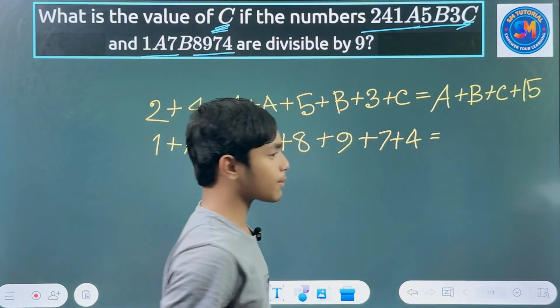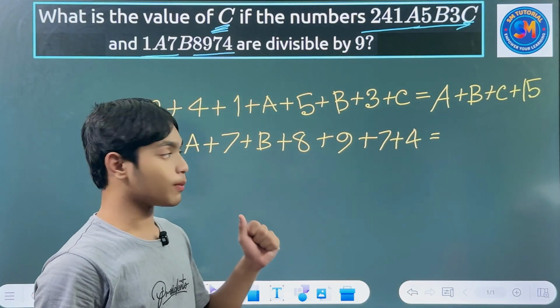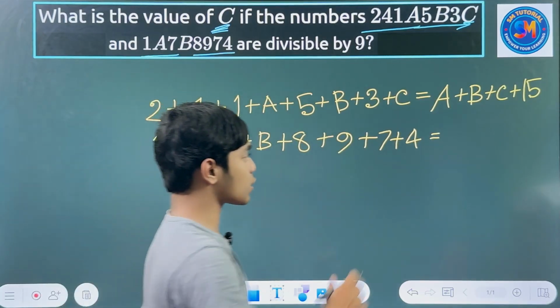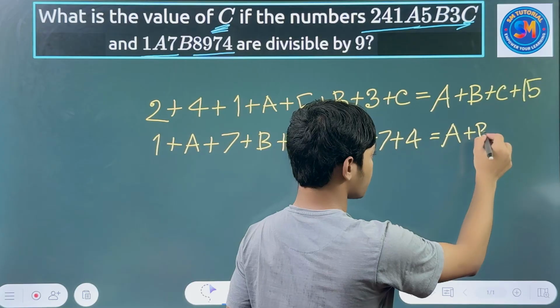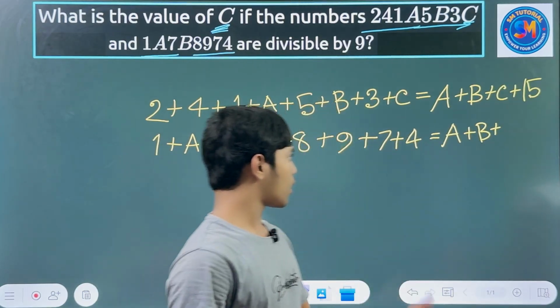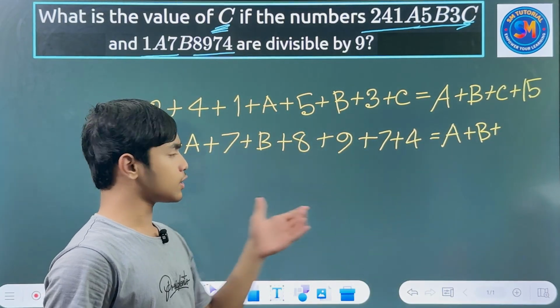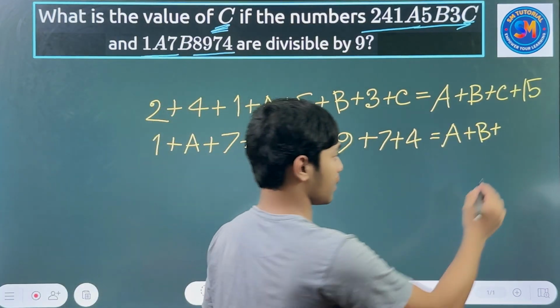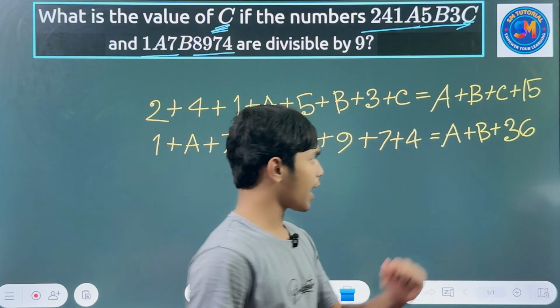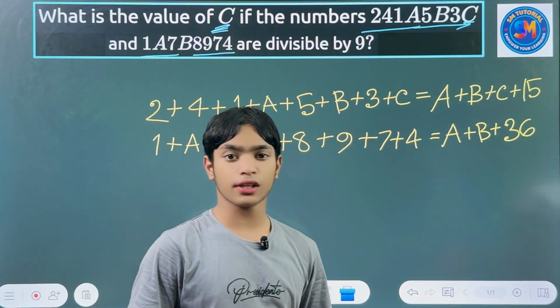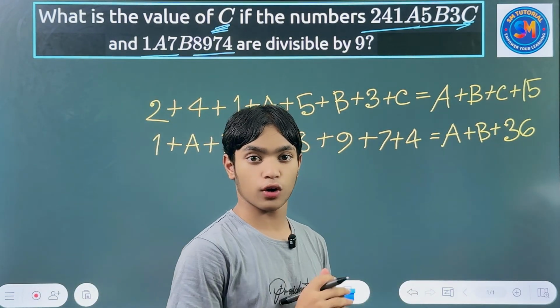So what will be the summation of these? If you calculate this, first of all A plus B, and then you'll get 36. Okay, 36. After that, you found the summation of these two numbers.